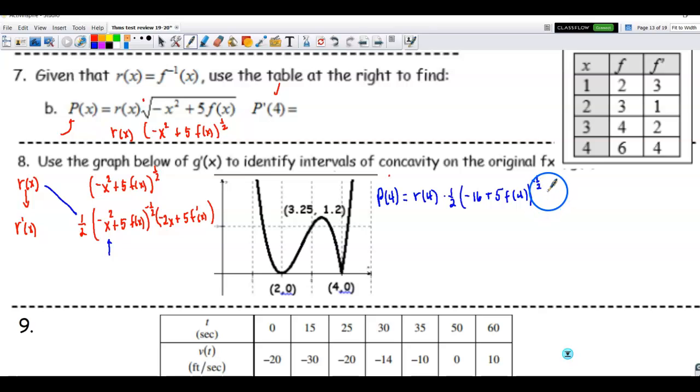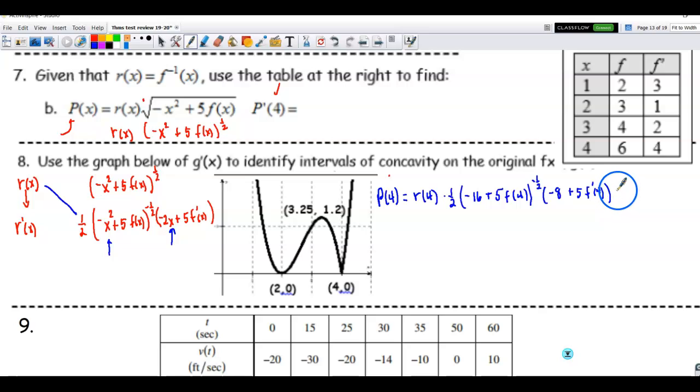The key here is to go slow. Alright, so I'm substituting 4 in here, so that's going to give me negative 8 plus 5 f prime of 4.